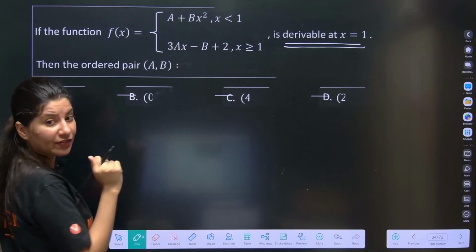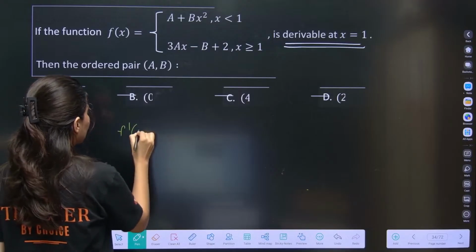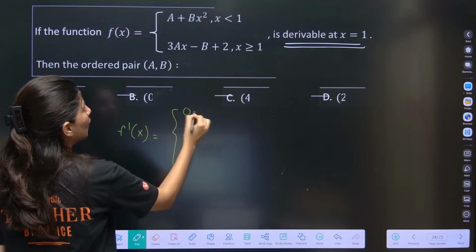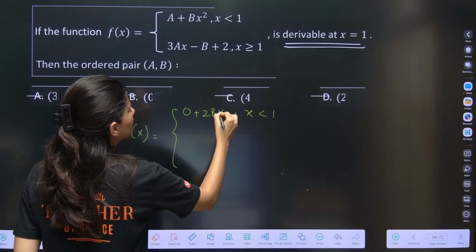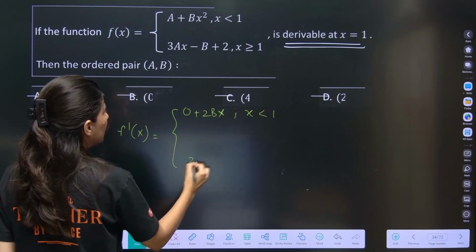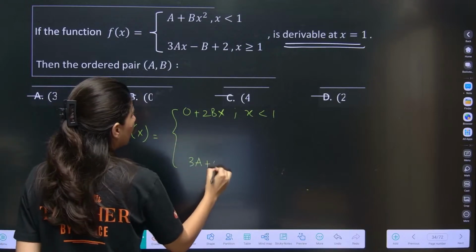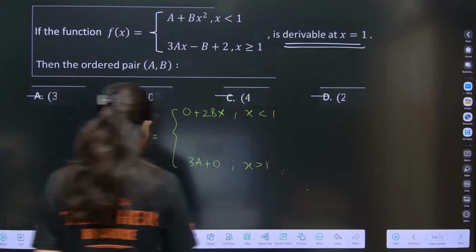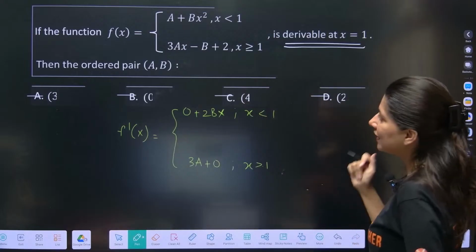Because if it is differentiable at x equals to 1, so obviously f dash x is equals to what? Derivative of a is 0 plus 2bx for x less than 1. And this is 3a, that's it. Minus b plus 2 will be 0 for x greater than 1. Don't apply equals to, otherwise it will be wrong.